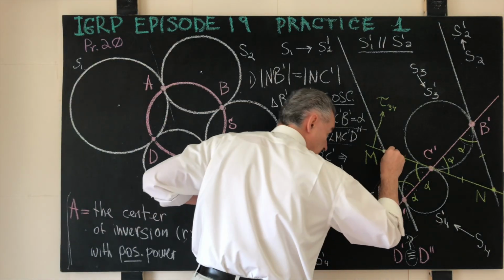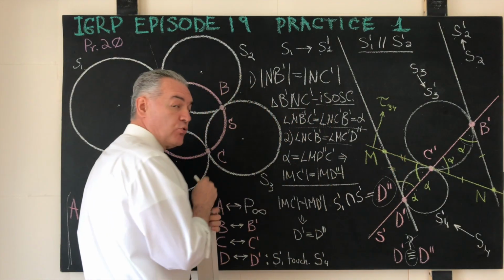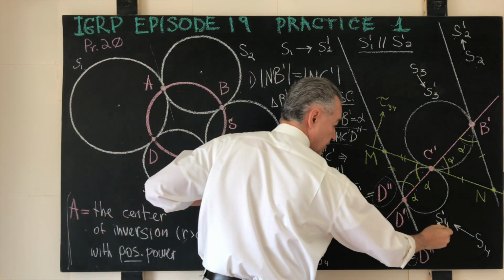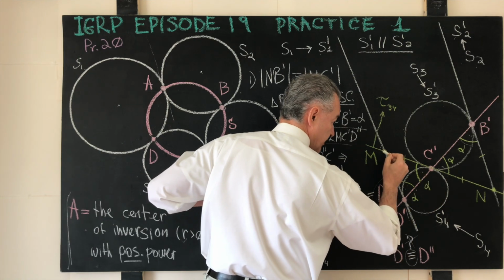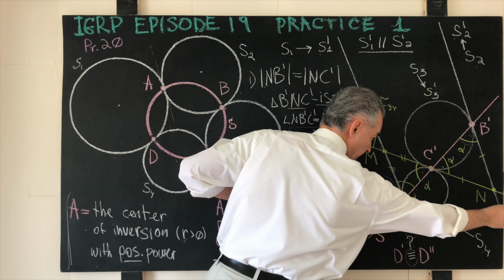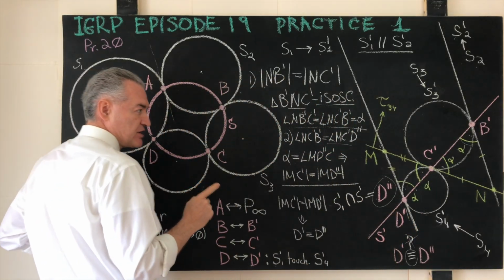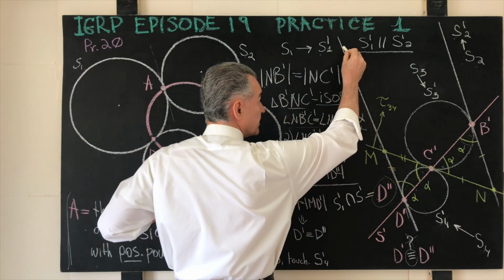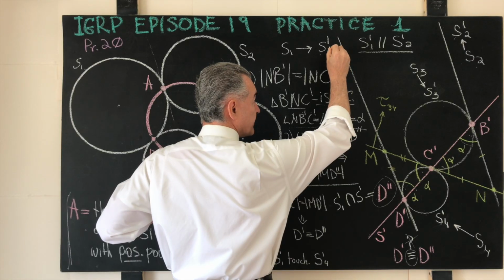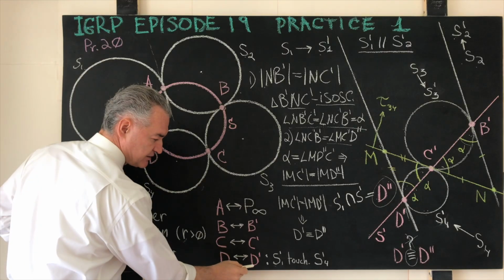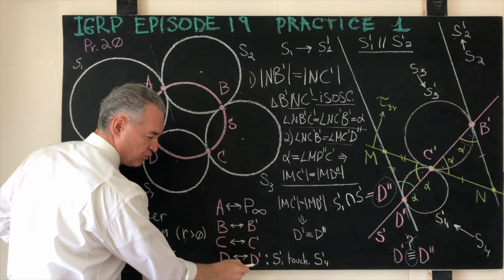The point M is the point through which two tangents to the circle S prime 4 are constructed, the tangent MN and MD prime. In this case, we're studying the interaction between the straight line S prime 1 and the circle S prime 4, you see? And this is the interaction captured in the point D prime.